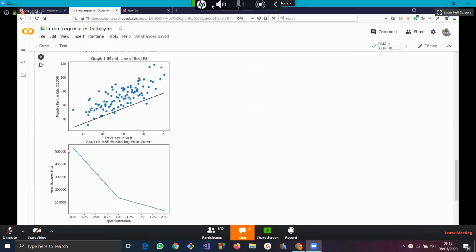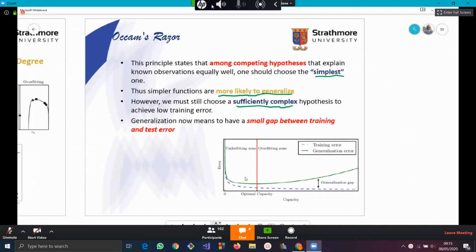So in the epoch, the train error always reduces. But as the train error is reducing, every generalization error is a test error. So the test error will always be above the train error.